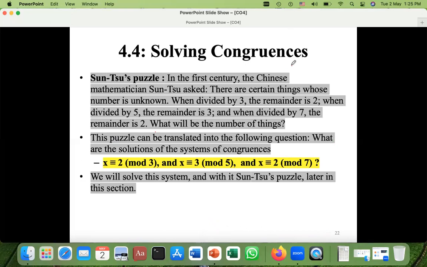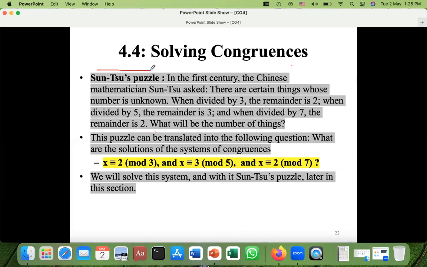So now moving next to another important topic, that is again about congruences, but now you are moving towards complexities. Anyhow, here on this slide, we mentioned something about Sun Tzu puzzle.